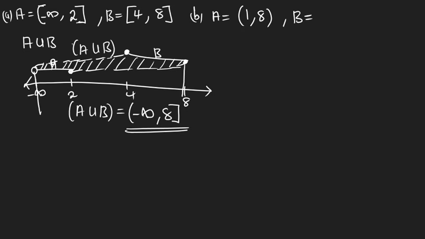Set B is equal to 2, 6. Then they say find A complement. The other one they say B complement. How do you show this on the real line? Very simple.